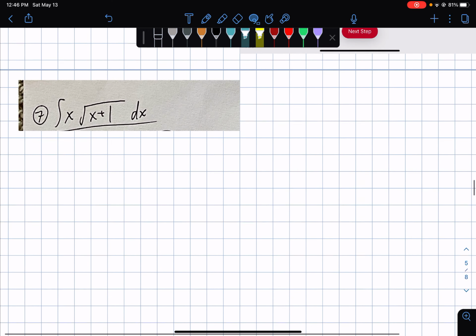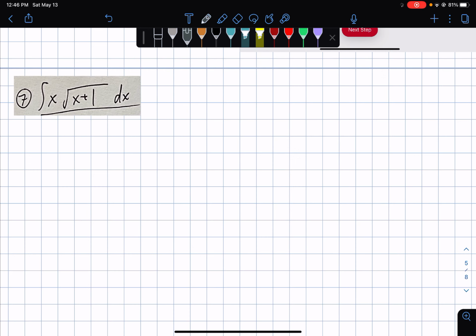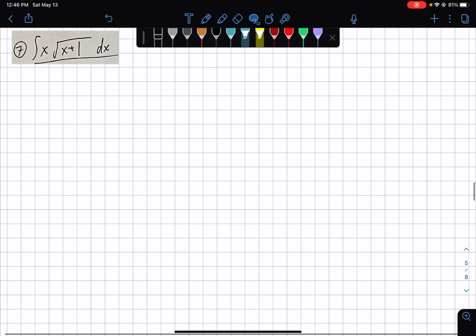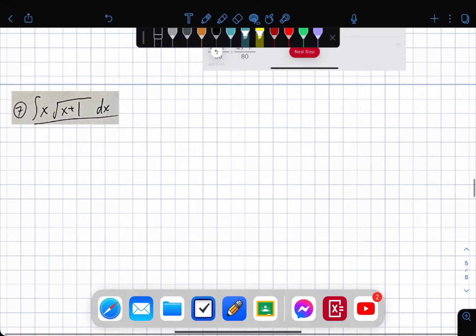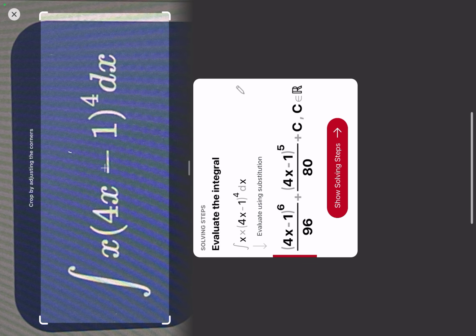So this is the question. I'm also not exactly sure how to solve this because I know I got it wrong. So let's give it a try and have fun with my answer.